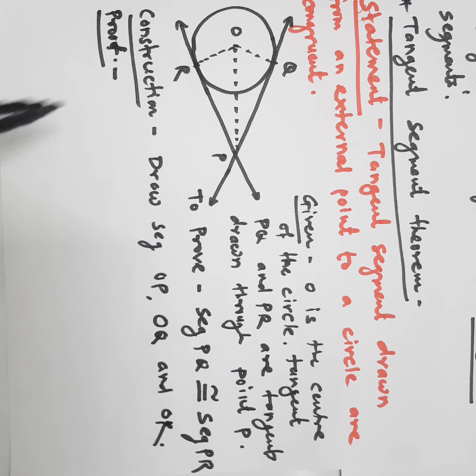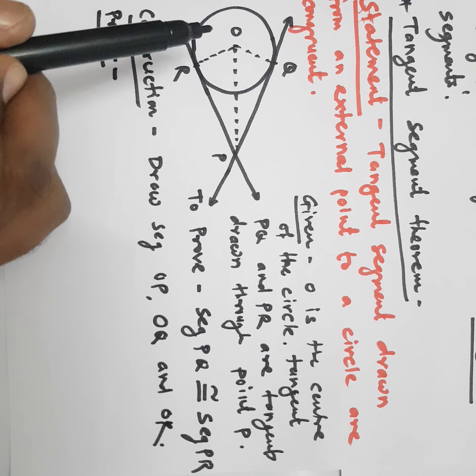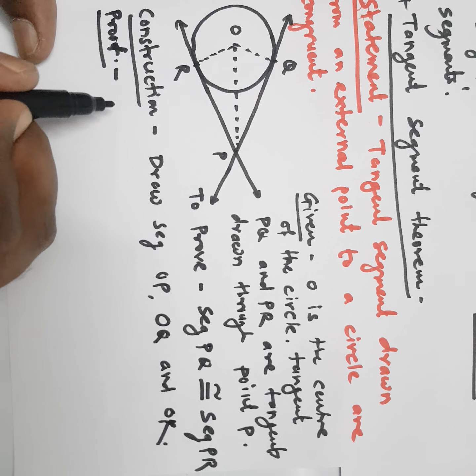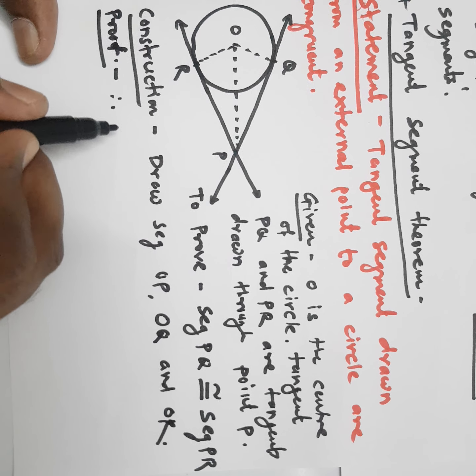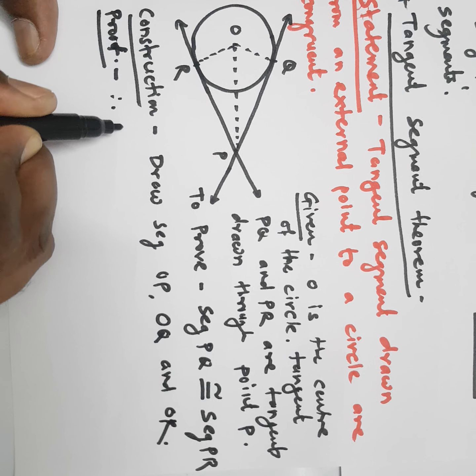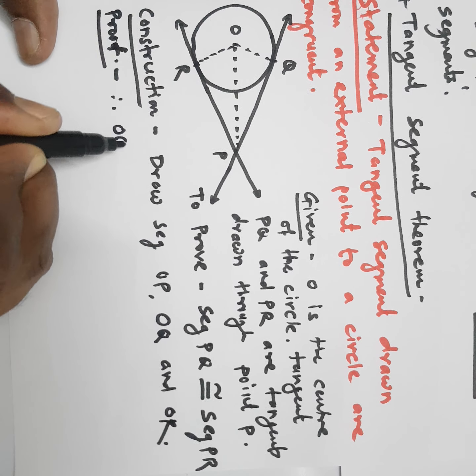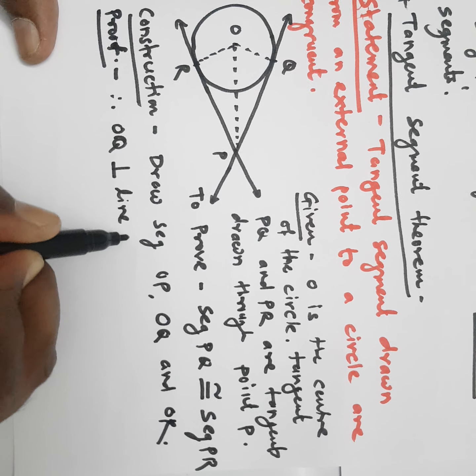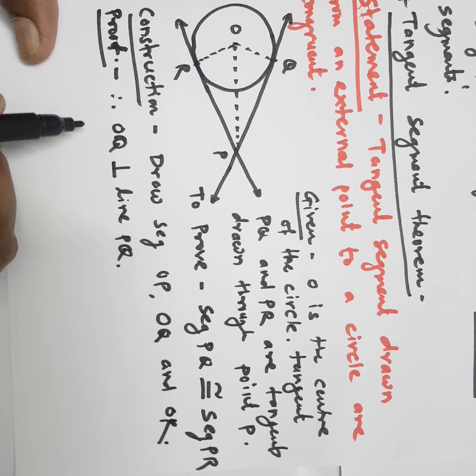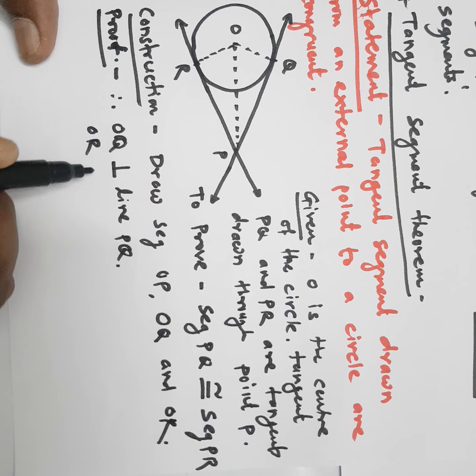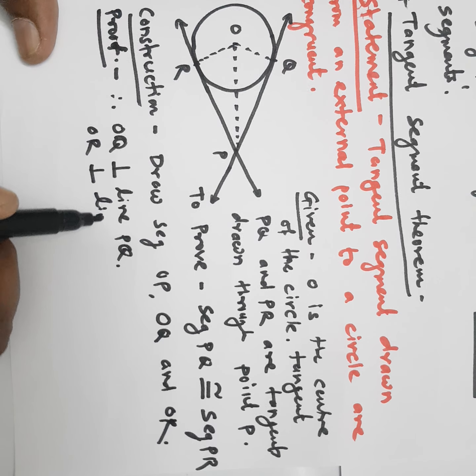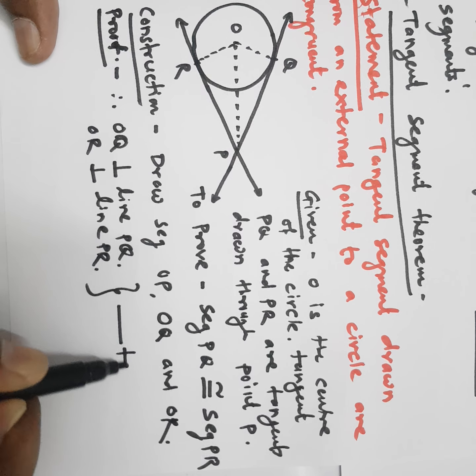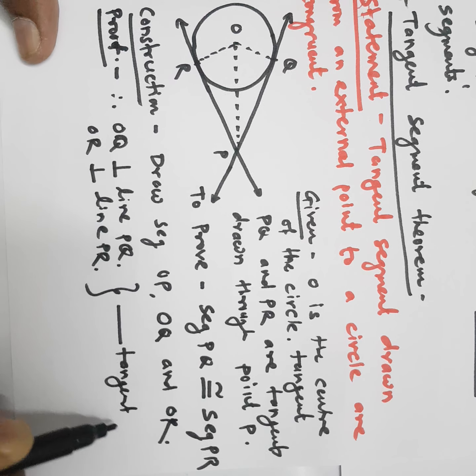We know that the tangent is perpendicular to the radius at the point of contact. This is the tangent theorem. Therefore, radius OQ is perpendicular to line PQ, that is tangent PQ, and radius OR is perpendicular to line PR, by the tangent theorem.